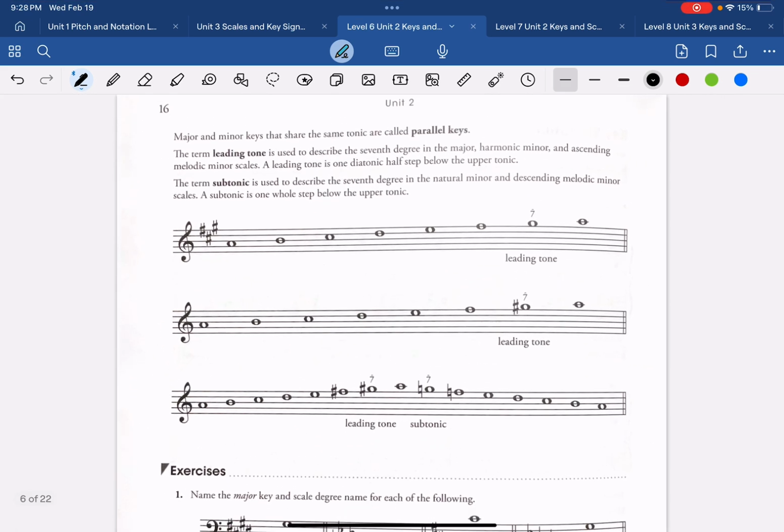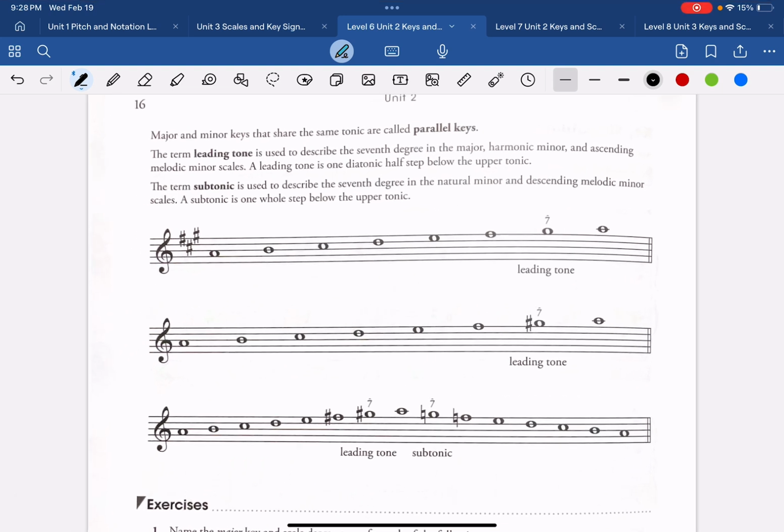And this illustrates it a little better. So here we have A major, A minor. This is harmonic form. And then we have A minor melodic form.